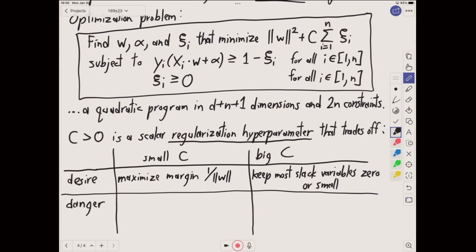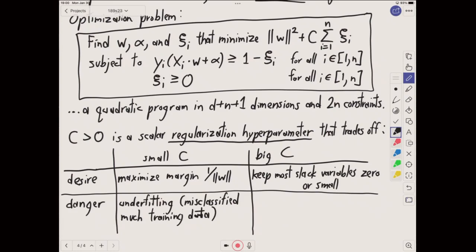So what can go wrong? Well, if you choose C too small, you wind up underfitting. You're so interested in maximizing the margin that you're ignoring the slack variables, so you might wind up misclassifying a lot of the training data and just have a low training accuracy.